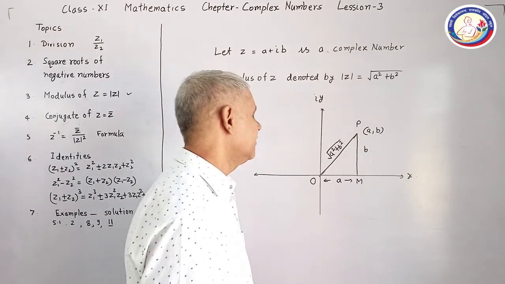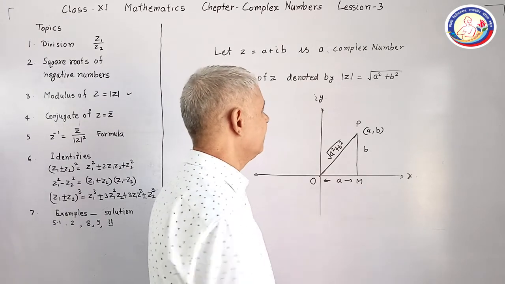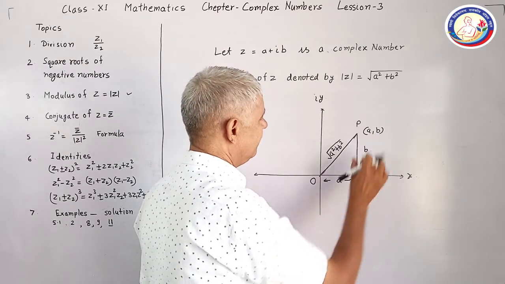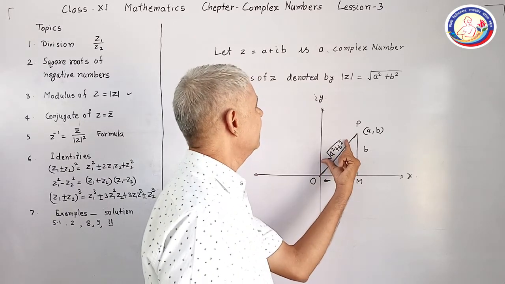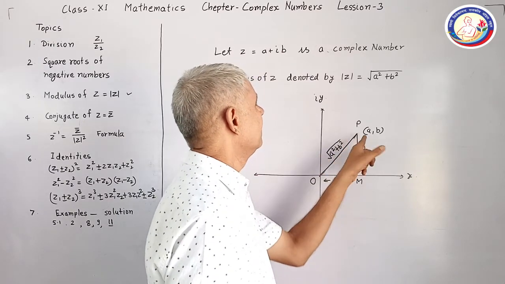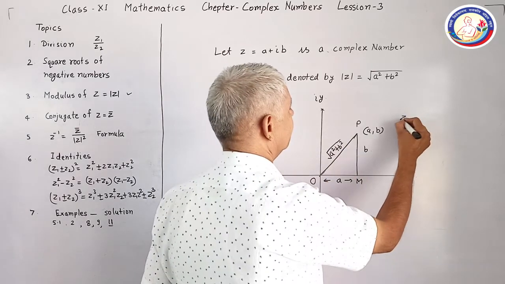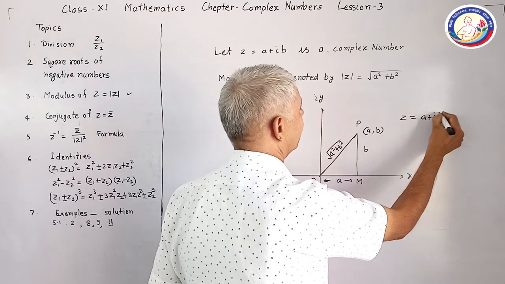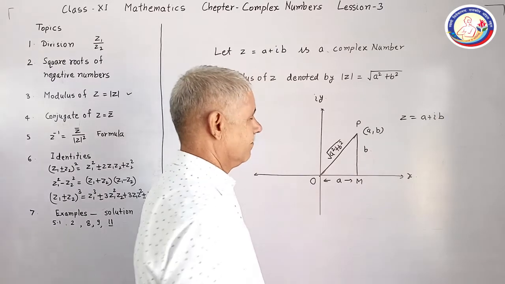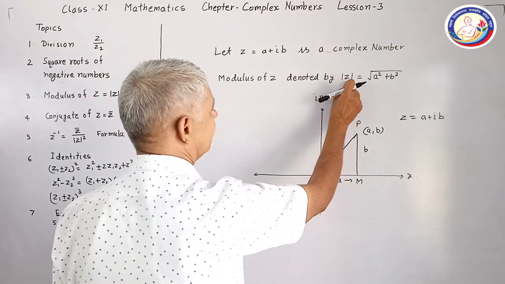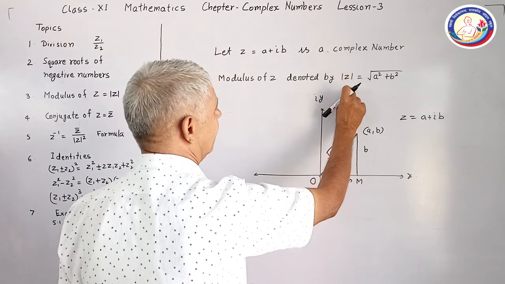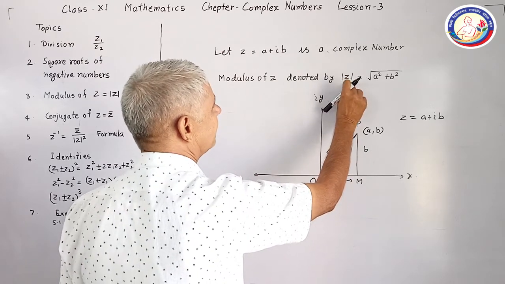In other words, OP square is equal to PM square plus OM square. So this is the modulus of the number z equal to a plus iota b. We denote the modulus of z by this symbol and read it as modulus of z.